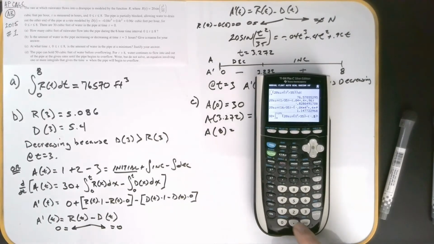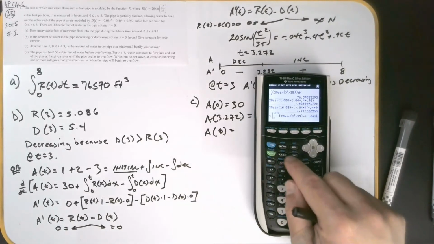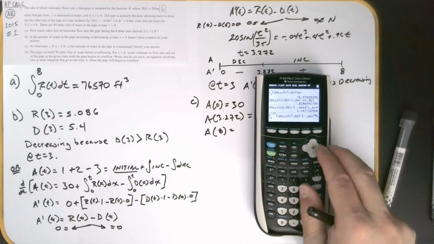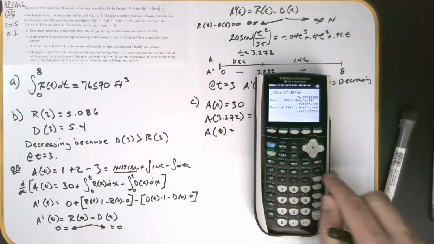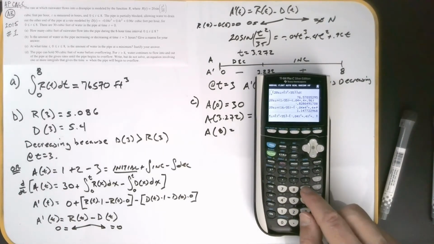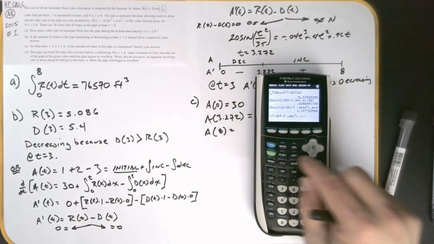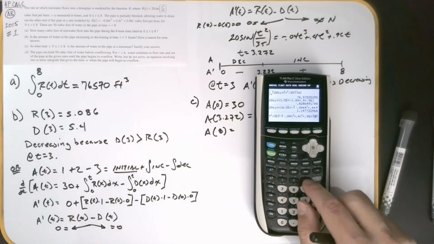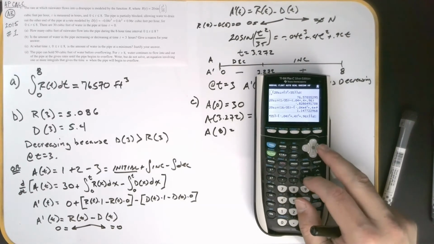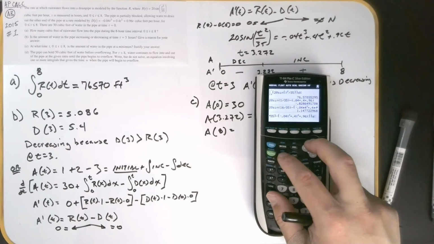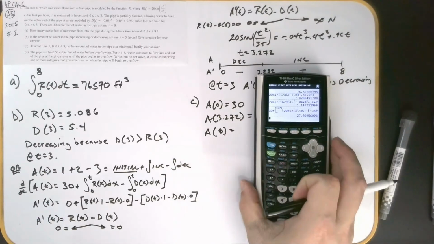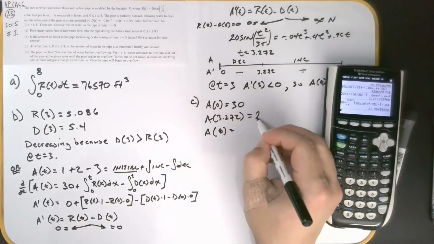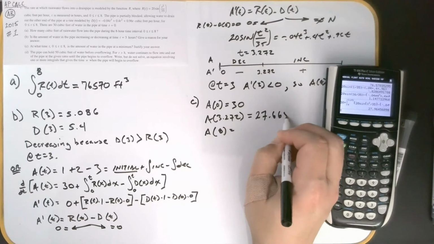Minus 0.04 x cubed, plus 0.4 x squared plus 0.96x. All right, and then we have the other parentheses, variable of integration here is x, and let's see what we get. 27.965 rounded.